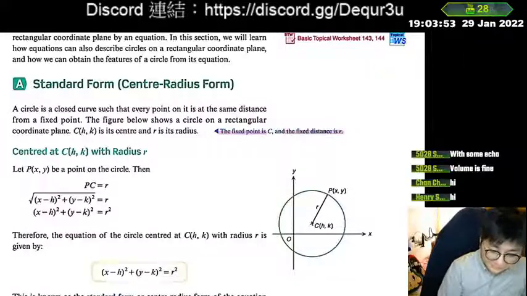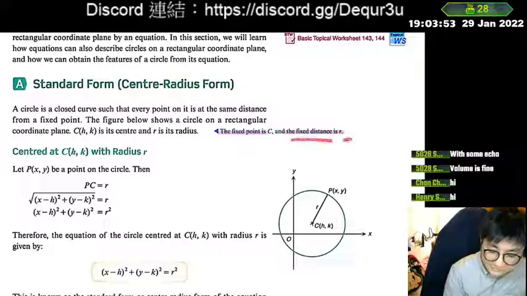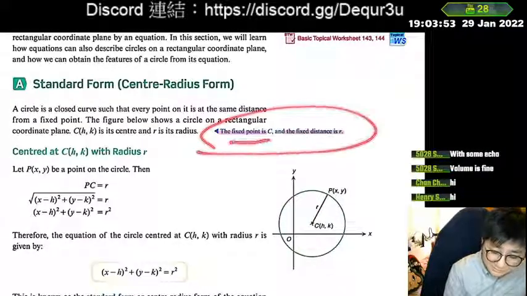So we can use the meaning of a circle to write down the equation easily. If we have a fixed point, the center, and a fixed distance r, the radius, then we use this point and distance relation.